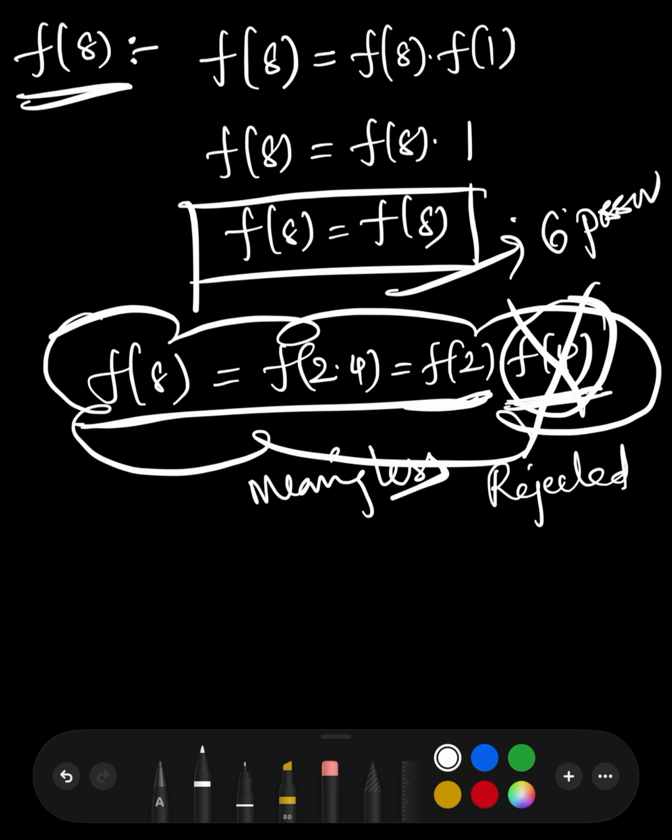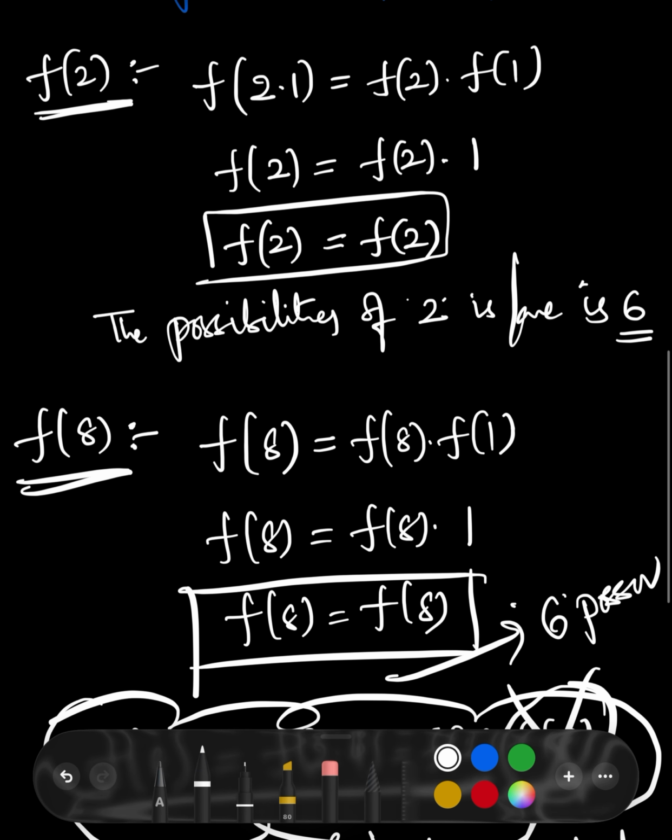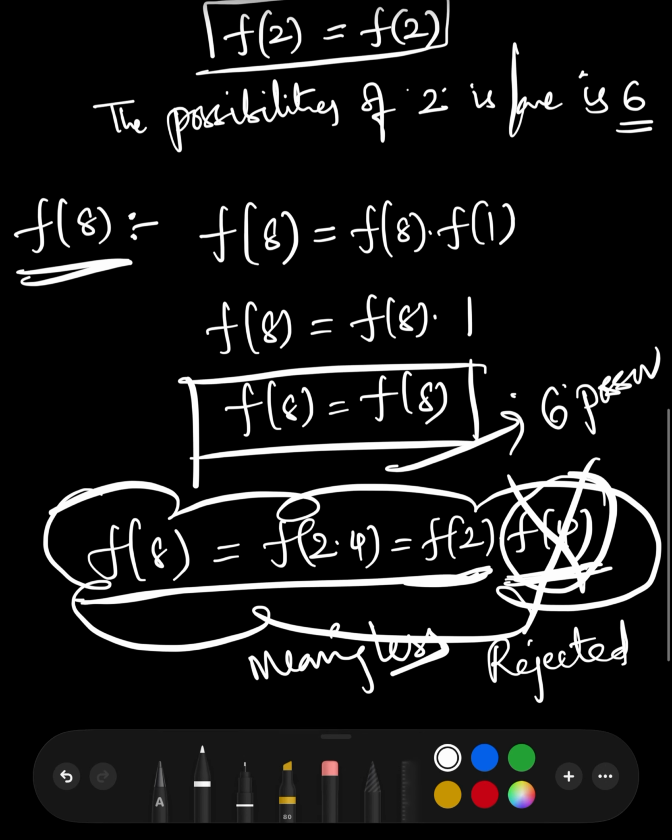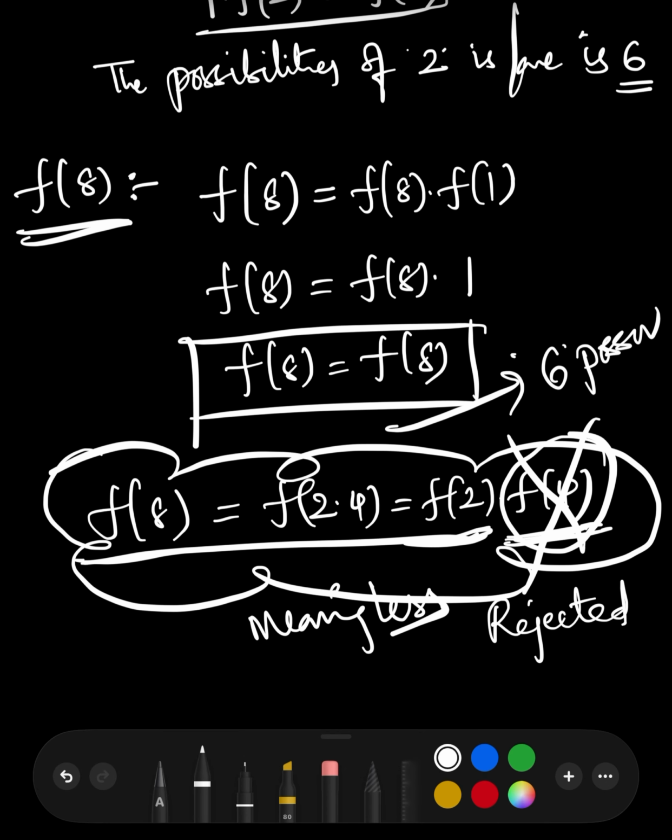So from this f of 2, we were all thinking that it will influence f of 8, so that it will restrict the choices for f of 8. But here in this case f of 8 equal to f of 8, there will be 6 possibilities. f of 8 can also be written in the form of f of 2 into 4, that is f of 2 into f of 4.